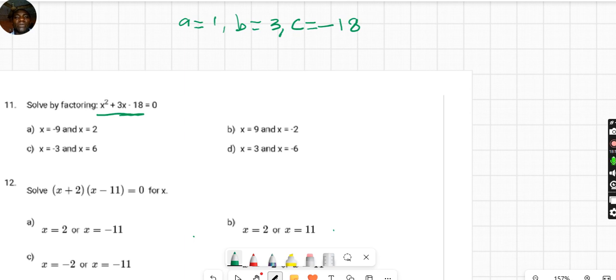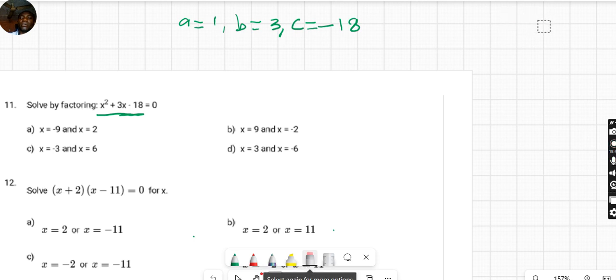Like this, C now is the one that we can multiply two numbers together to get. You can see C is minus 18. So what are the factors of 18? Two numbers that you can multiply to give you 18. Yes, I know you can multiply 2 and 9 to give you 18. In fact, the best way to do this is just list out all the factors of 18.